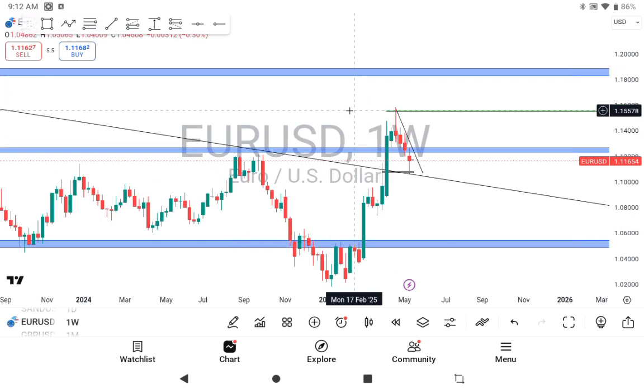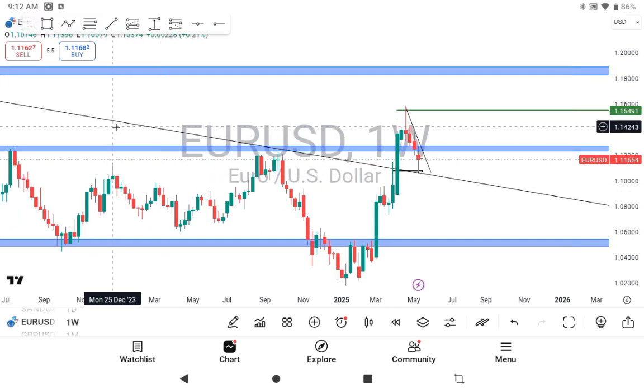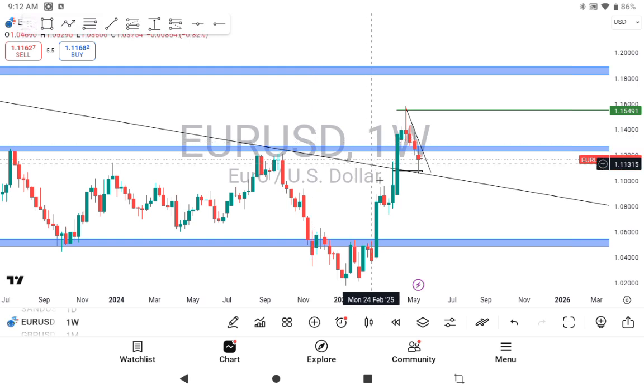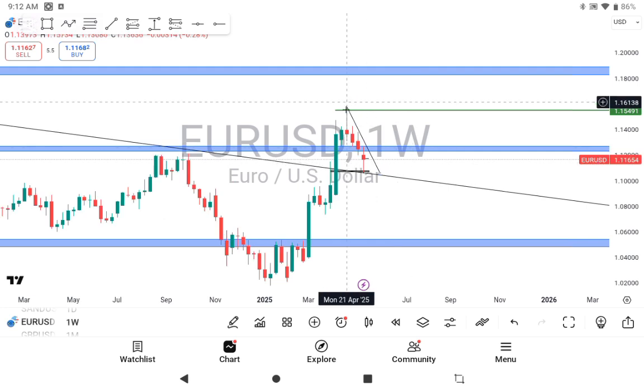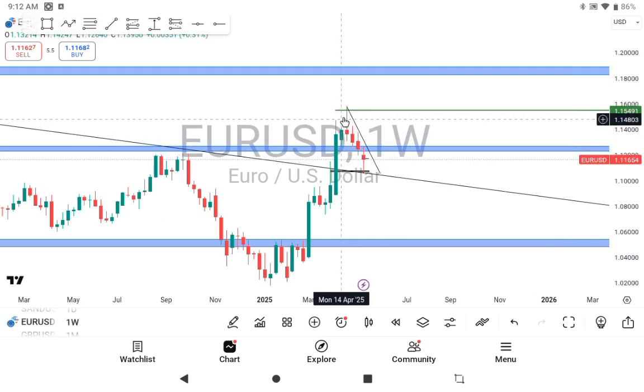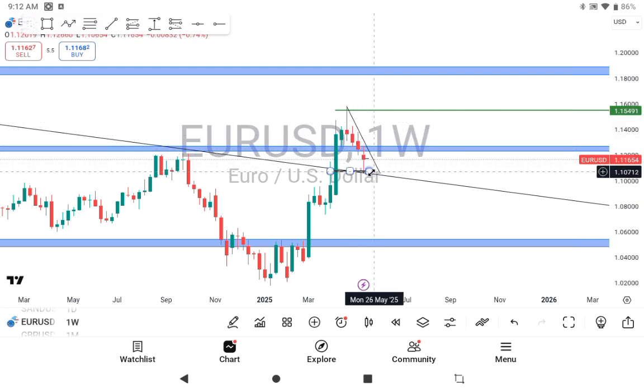Like I've said earlier, we have drawn the trend line. Price has broken out of the trend line. It has pulled back to retest the outer part of the trend line, and even on the weekly time frame, it is not printing a healthy sell candle. The candles are weak. They are not giving us a strong healthy sell candle on the weekly time frame.